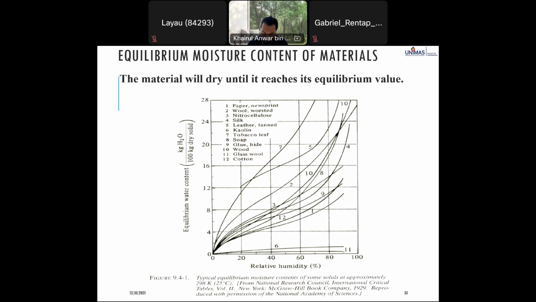Non-porous insoluble solids tend to have equilibrium moisture content that is quite low, as shown by glass wool, number 11, this one. Then kaolin is 6.